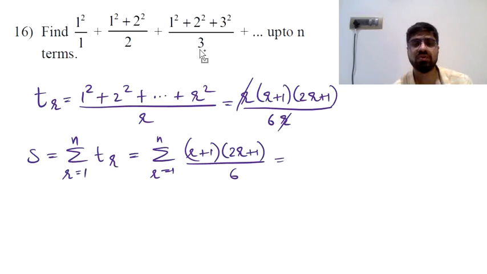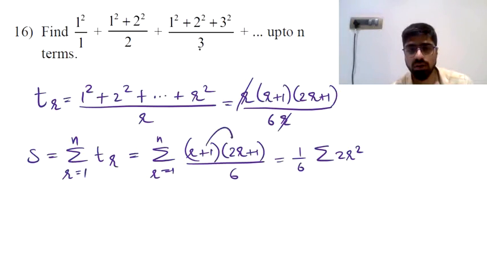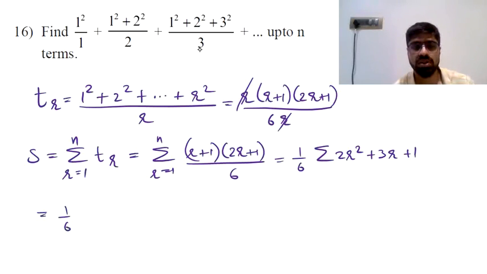You can pull out a 6 from the summation, and then summation of r plus 1 into 2r plus 1, that will make it 2r square plus r plus 2r, which is plus 3r, and then plus 1 into 1, which is making it 1. So this will be 1 upon 6, 2 into summation r square, that makes it 2 into n into n plus 1 into 2n plus 1 the whole divided by 6.